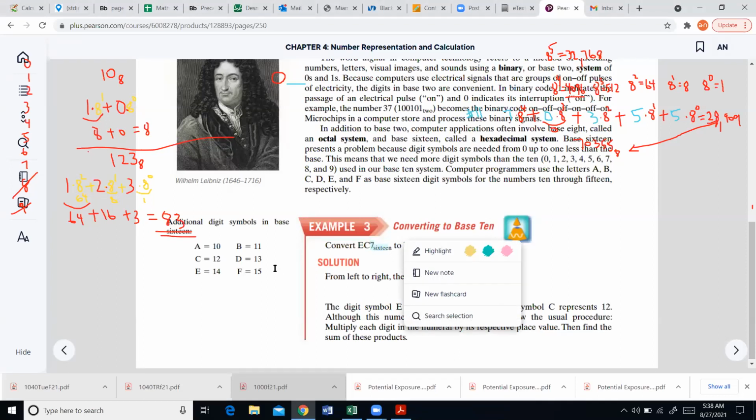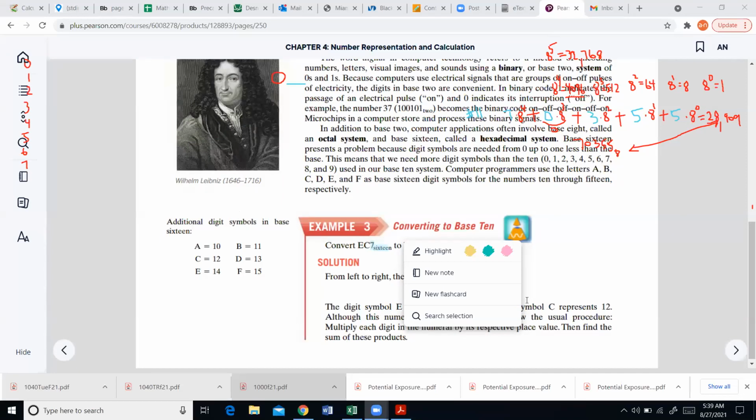They say that since you're dealing with a base larger than 10, then according to my previous observation, with base 8 we should have only 8 digits. With base 10, we have 10 digits, right? 0 and then 1 through 9.